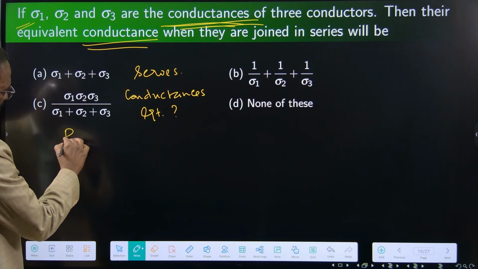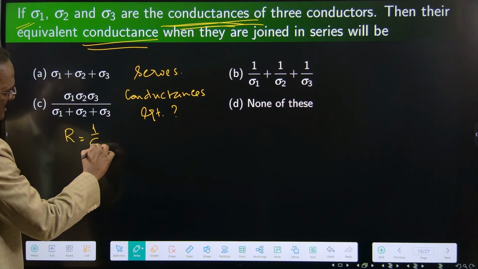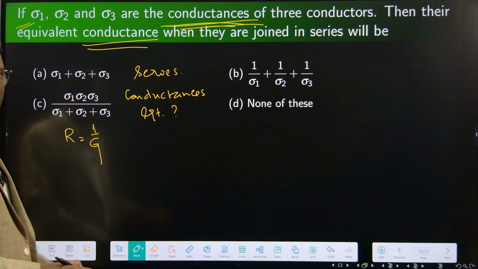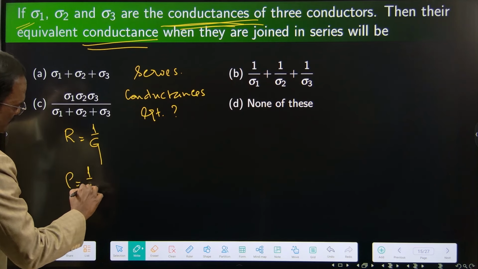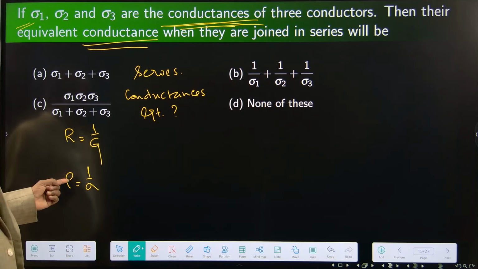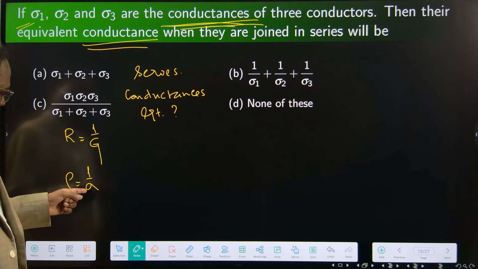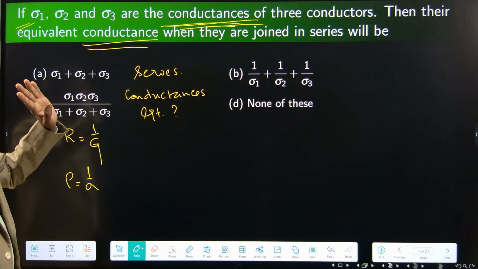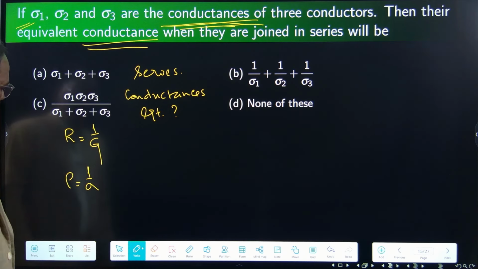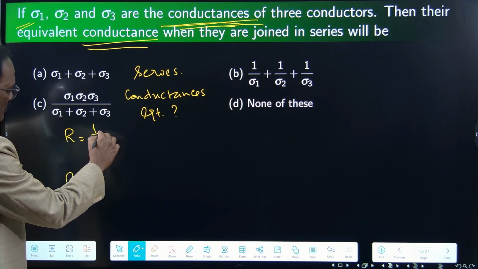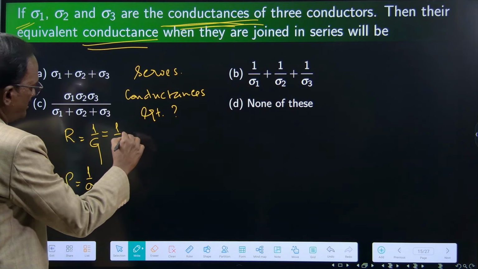Actually R is equal to 1 by G. Conductance is written as G. Rho is equal to 1 by sigma. Resistivity is the inverse of conductivity. Sigma is conductivity, but here they are asking us to assume conductance itself. So we can write R is equal to 1 by G is equal to 1 by sigma.